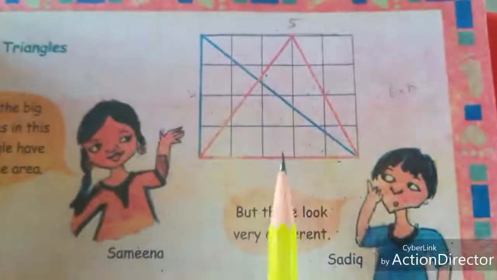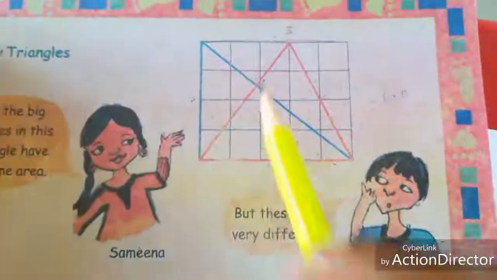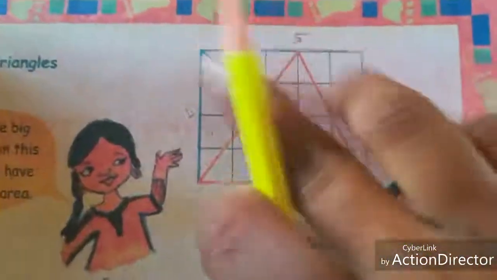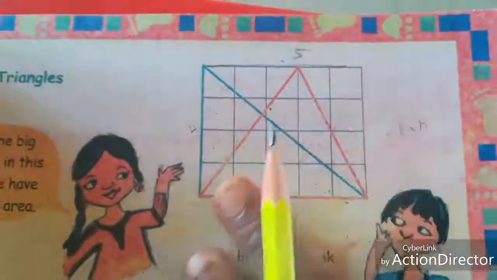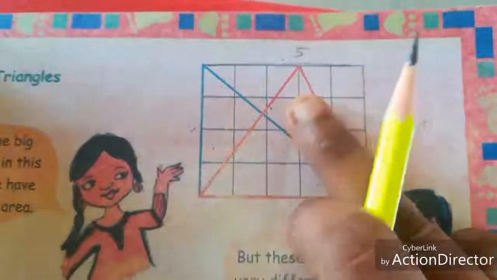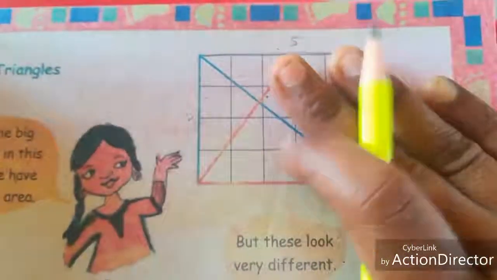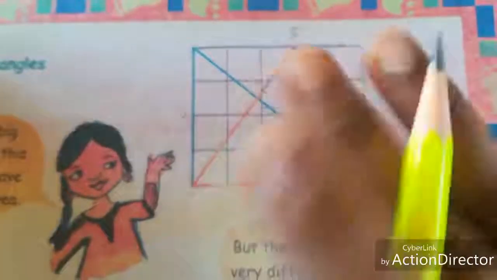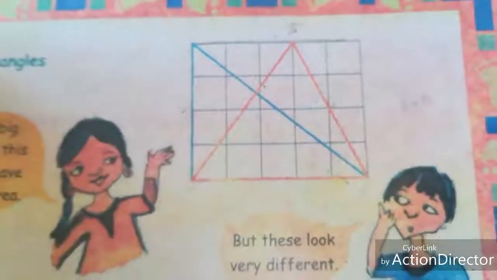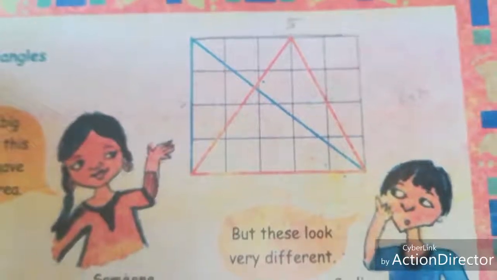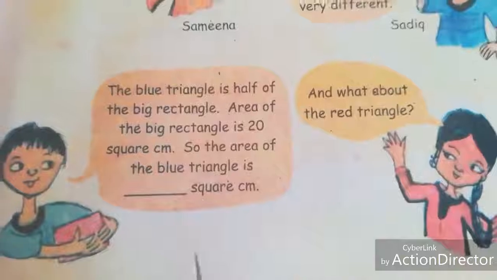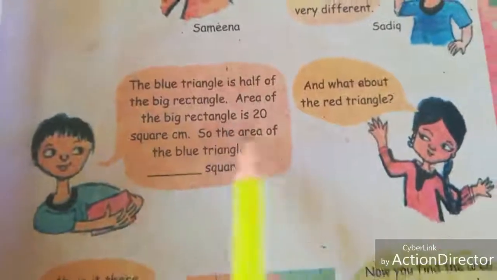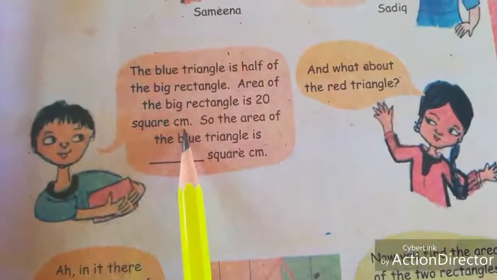Now we want to find out the area of the blue triangle. That blue triangle is dividing the rectangle into 2 halves. You don't consider the red dot, you just consider the blue. That blue triangle divides the rectangle into 2 halves. The area of the big rectangle is 20 square centimeter.